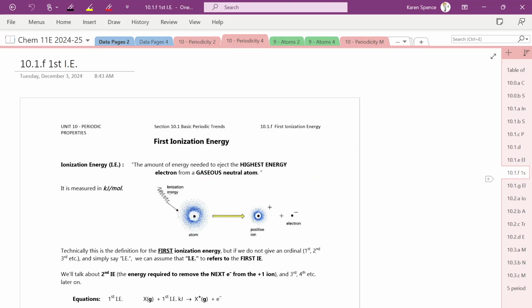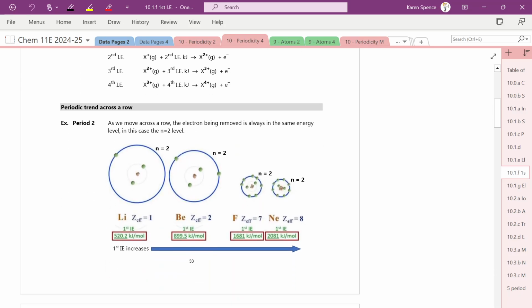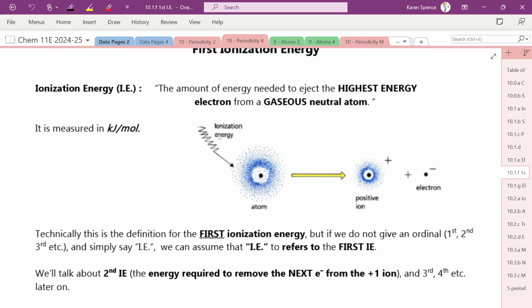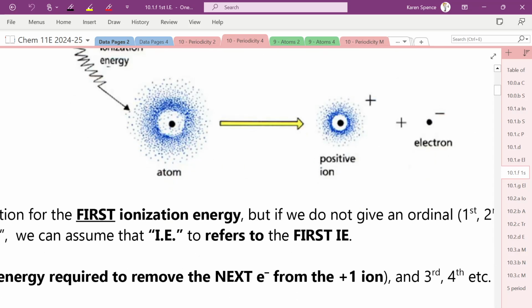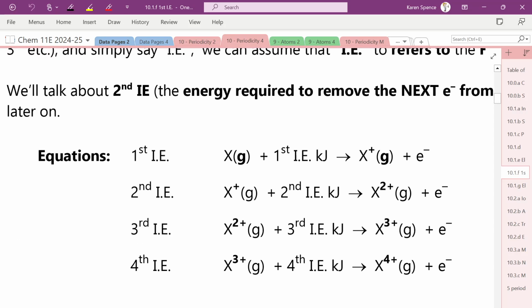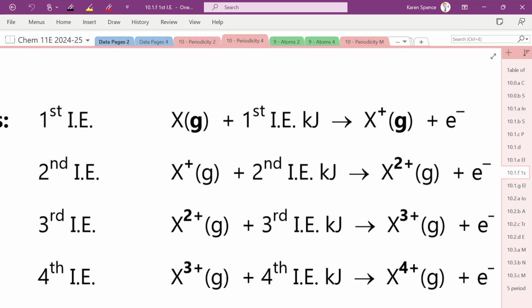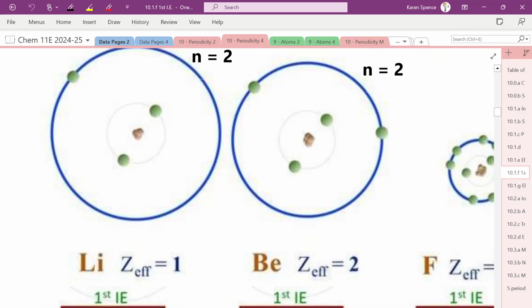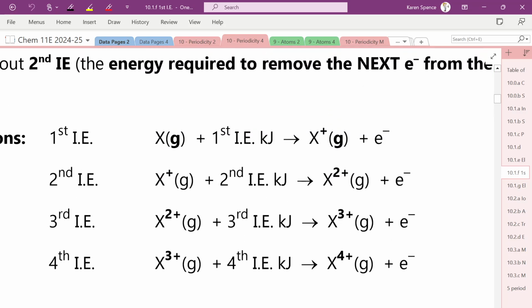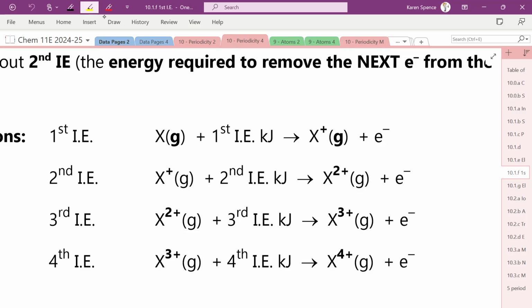So we probably don't need to talk too much about first ionization energy either, but we will go to page 33 just because there's a pretty little picture. We've talked about first, second and third ionization energy, but we haven't actually written it down. This is on page 33. So our first ionization energy, you'll notice this is neutral, and we take off an electron and it becomes positive.